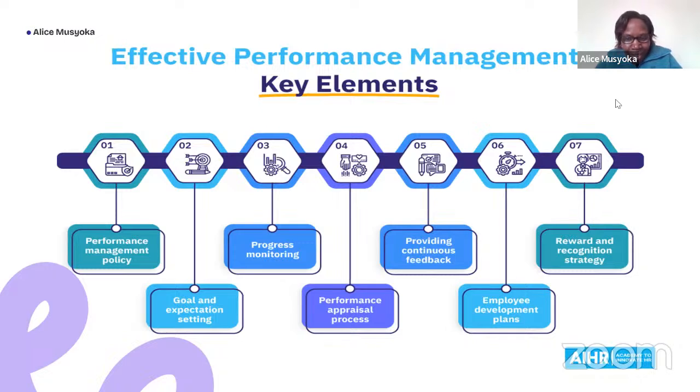It is usually a very difficult situation when an employee feels that the targets have been imposed on them, meaning there was no discussion between the supervisor and the employee. They did not sit together to agree on the targets, to agree on the objectives.